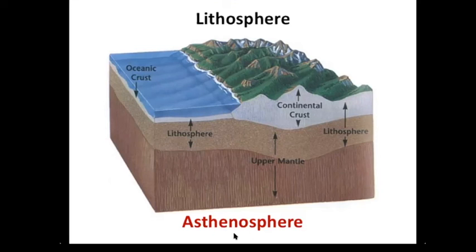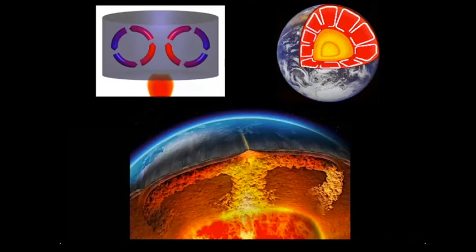And the asthenosphere is the gooey mantle that is actually, well, you'll see in just a second, it's moving, it's convecting. Lithosphere, asthenosphere. Better names for crust and mantle.